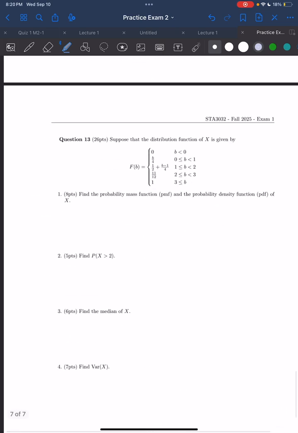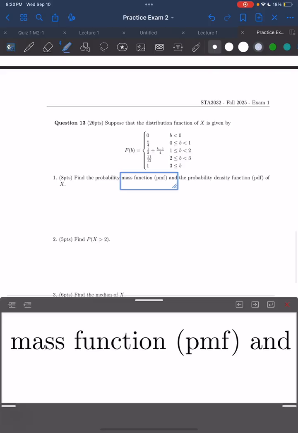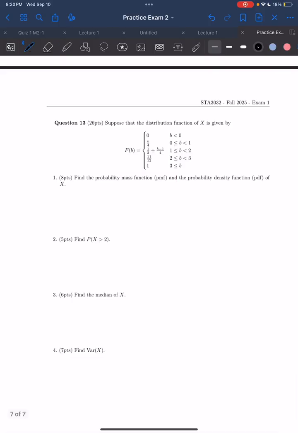Okay, so question 13. So we have our distribution function of x, and we want to find the probability mass function and the probability density function of x.